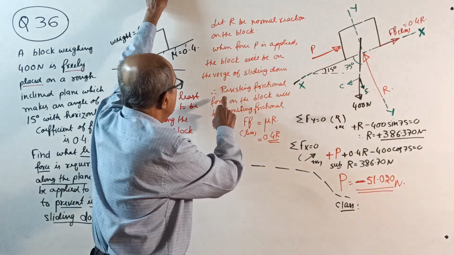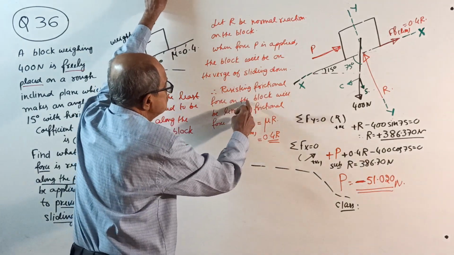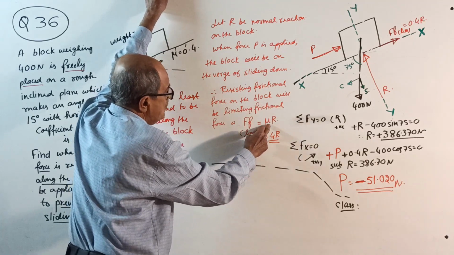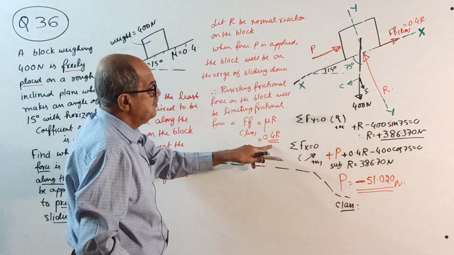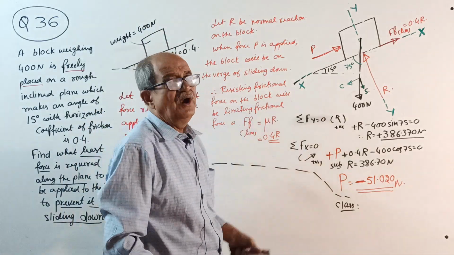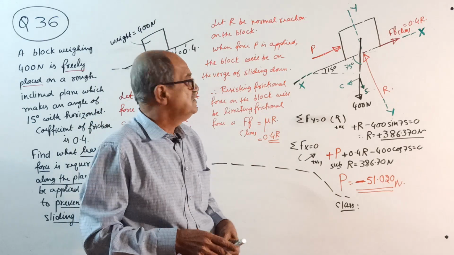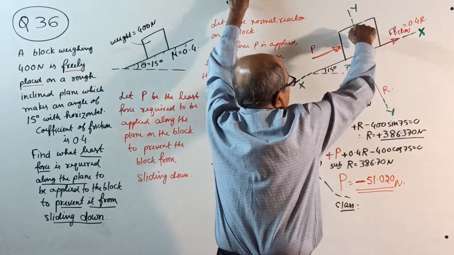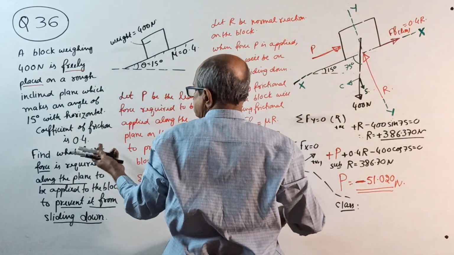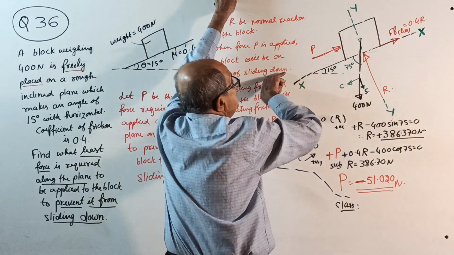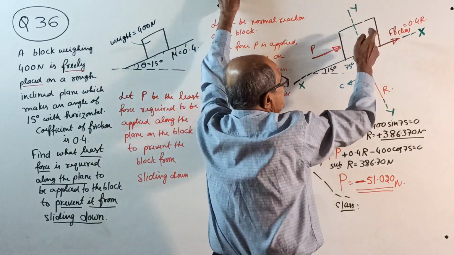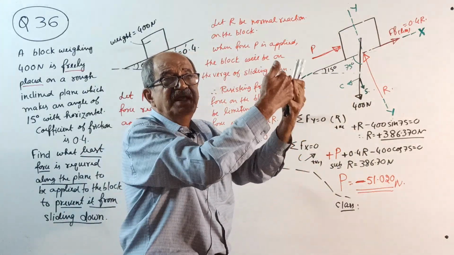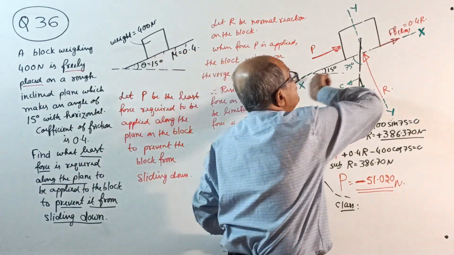Therefore, the resisting frictional force on the block will be limiting frictional force, F limit equal to mu into R, 0.4 into R. This I told more than 100 times. Now consider the block. Weight acting down, 400. Then P applied this way. Since the block is on the verge of sliding down, friction force is this way.